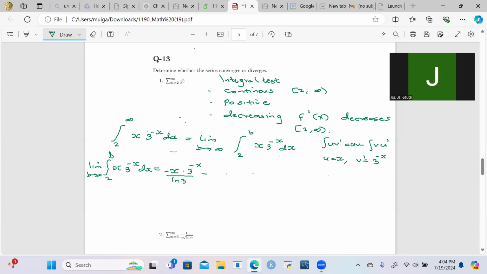Then minus the integral, and I put the limit from 2 to b. I can put parentheses here to show that I'm finding the limits of all these, from 2 to b. v is what we got. So we have another minus, so we put plus, and then x, 3 to the power of minus x, divided by ln of 3.